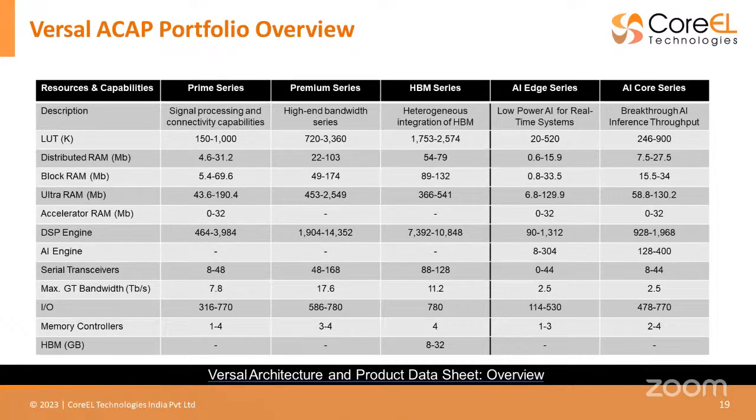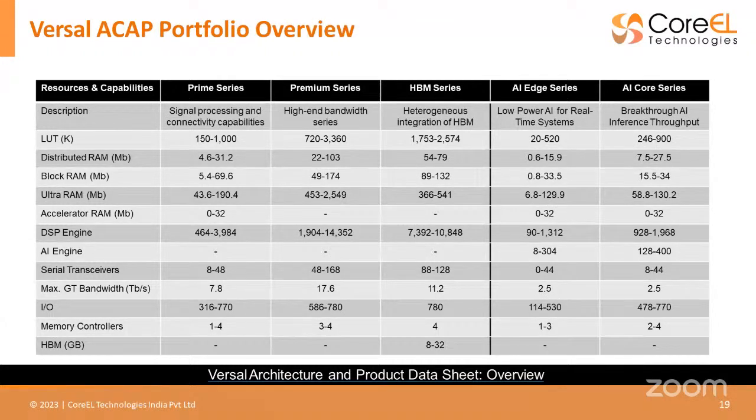Whether it be the LUTs or the dedicated memories, it can be your distributed RAM, block RAM, UltraRAM, and accelerated RAM, and your DDR4 that is separately available as external modules. All of those are definitely much more advanced compared to your 7 series.